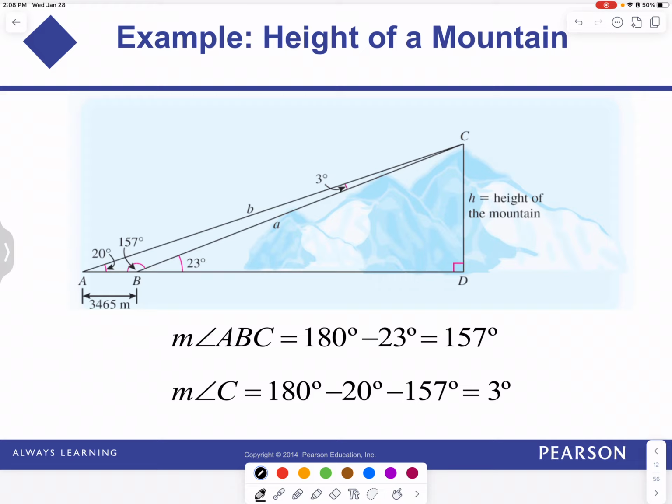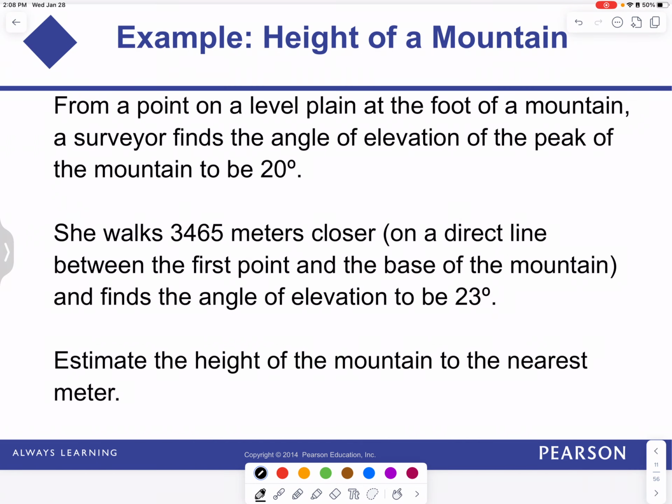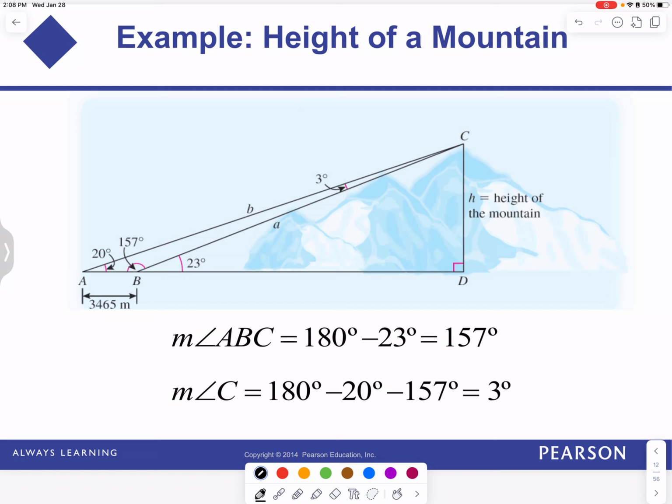That 157 degrees is why I was like, okay, we're working with an obtuse triangle. It says estimate the height, so we want to find H. Okay. Let me think about this. All right, so we can use the law of sines to find B, right? Let me think.